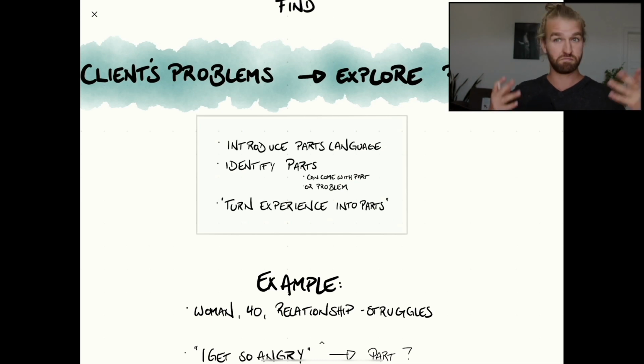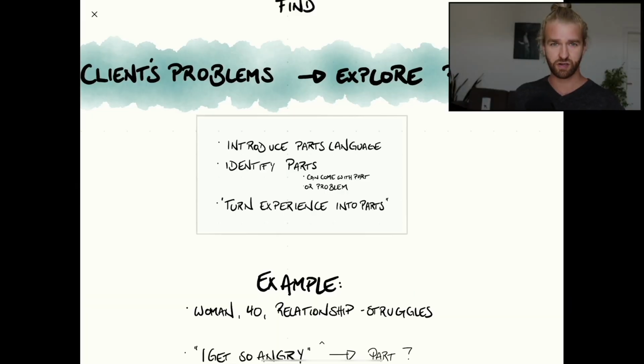For some people coming to therapy, coaching, or a session, they don't know what parts are. That's nothing they've ever heard about. So it is important to introduce the concept and the language, just to see: is that something they can relate to? Is that something they're willing to explore?